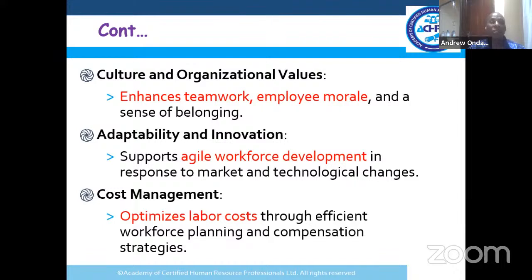So organizational culture plays a big role in helping an organization achieve its objectives, which is part of success that I've indicated. The other aspect is adaptability and innovation.